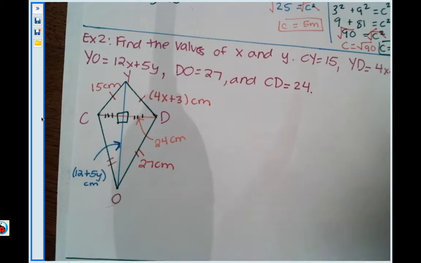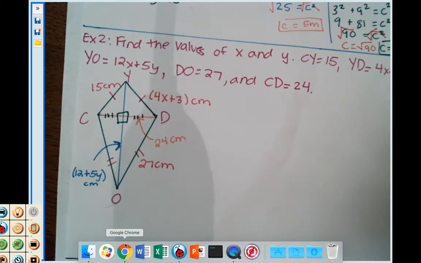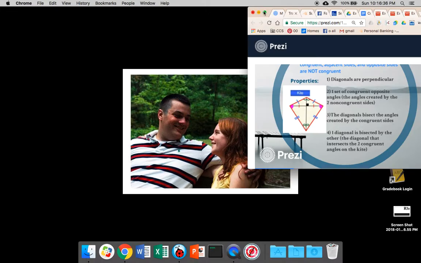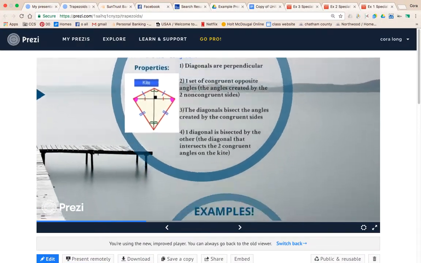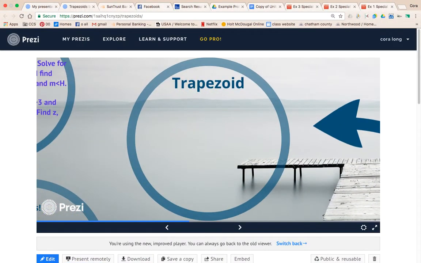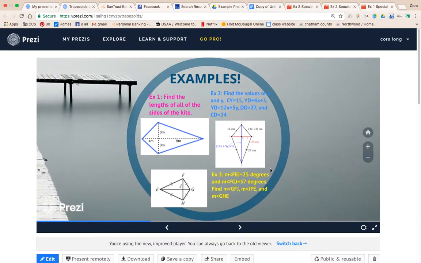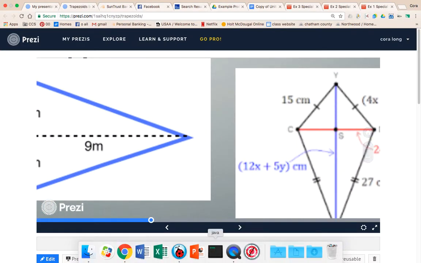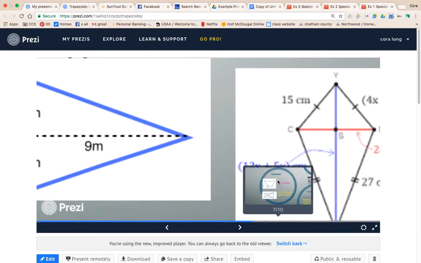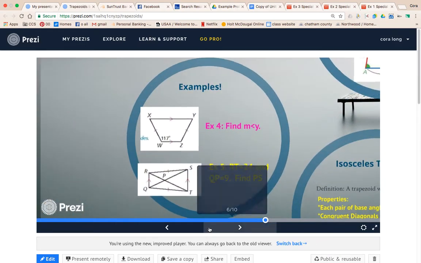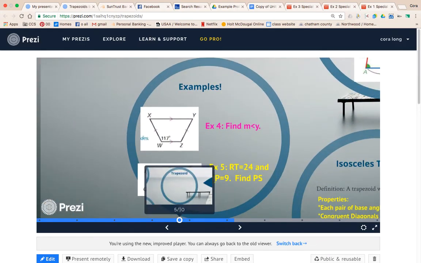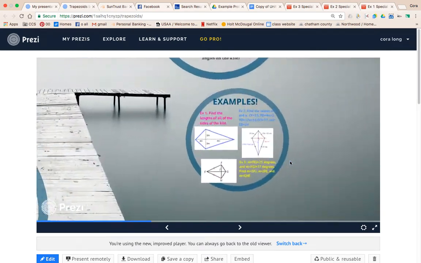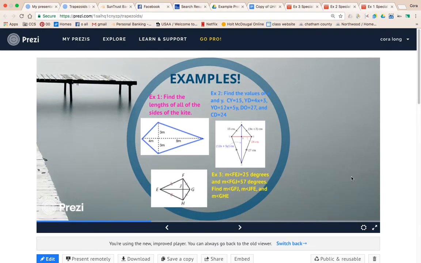Hold on, let me check one thing. I want to make sure I copied the problem down right, which I probably did, but let me double check one thing. Doesn't hurt to double check that. I didn't copy it down right. I caught myself. Guys, that should be an x right there, so I'm glad I caught myself. Let me double check everything else. Alright, let me make sure I copied everything down correctly.